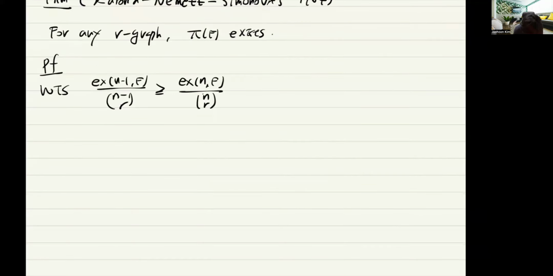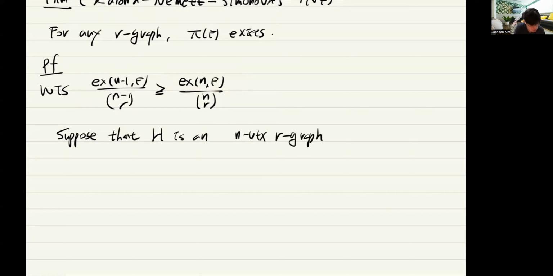For that, how do we do it? We suppose that we have a graph H which achieved this. H is an n-vertex r-graph with alpha times n choose r edges that has no copy of F.